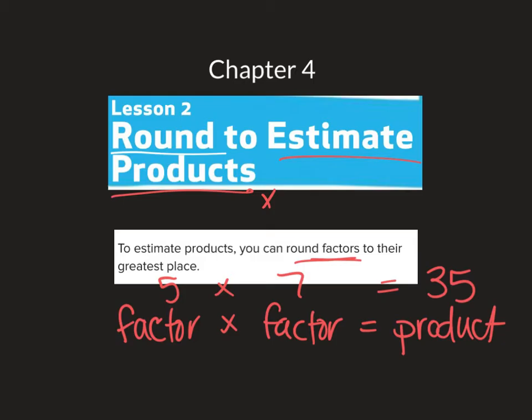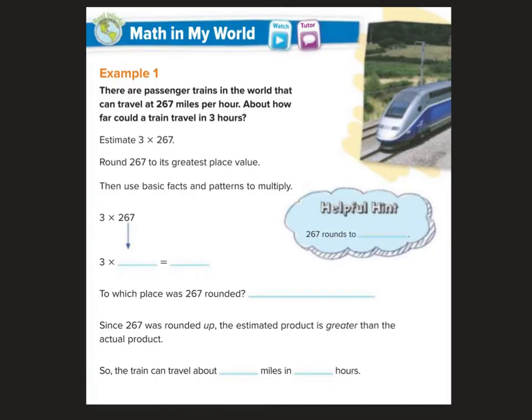Let's get started. Example 1, there are passenger trains in the world that can travel at 267 miles per hour. Oh, look at this. About how far could a train travel in 3 hours? Okay, so it can go 267 miles in 1 hour. How far can it go in 3 hours?